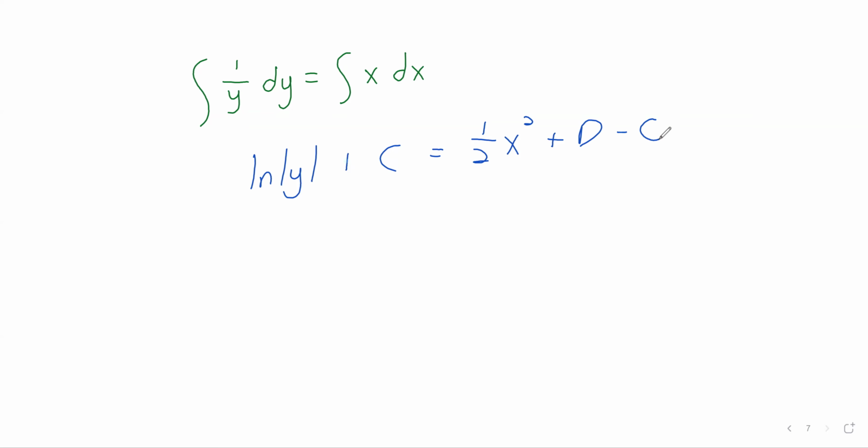And if d is a totally arbitrary constant and c is a totally arbitrary constant, so is d minus c, a totally arbitrary constant. So when we do this, we just write down a single constant of integration.